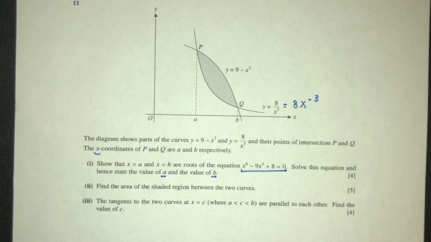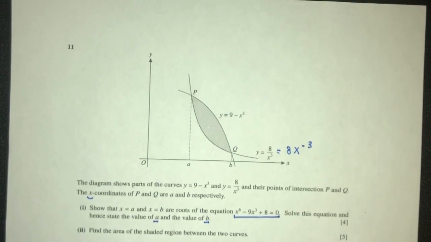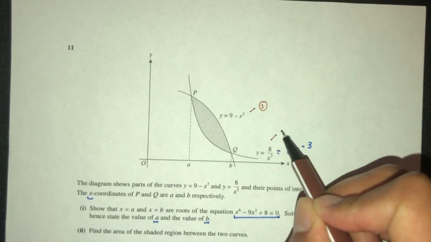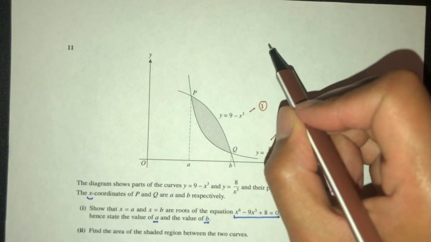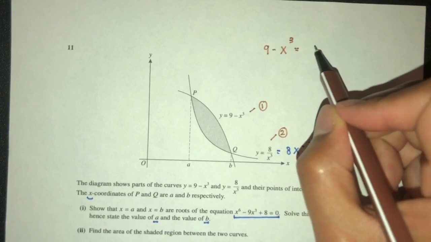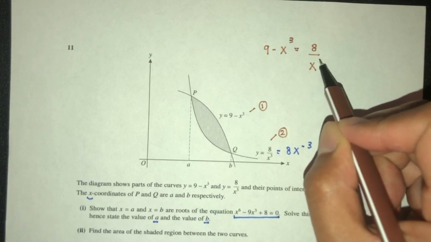So pretty easy. How would you usually find the points P and Q? You understand that P and Q are points of intersection, where they meet or where they cut, so we have to solve them simultaneously. This is my equation number 1, my equation number 2. On one side I have 9 minus x cubed, on the other side I have 8 over x cubed.